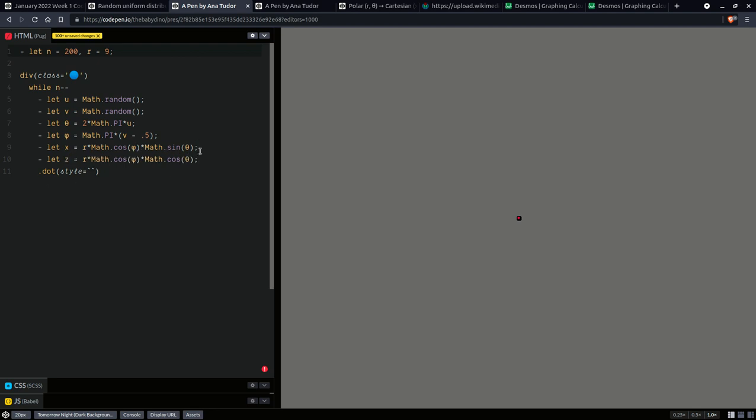Yeah, of course I was supposed to change that, not leave it x. Now y doesn't depend on theta, and it's going to be sine of phi.